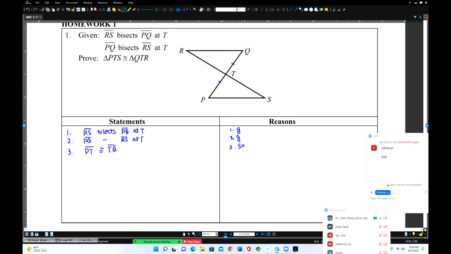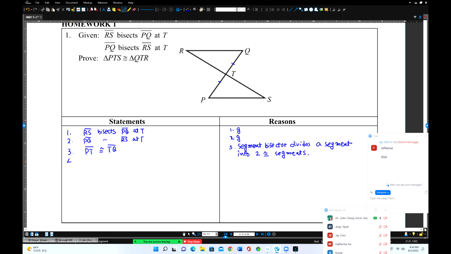Write down segment bisector: it divides a segment into two congruent segments or parts.